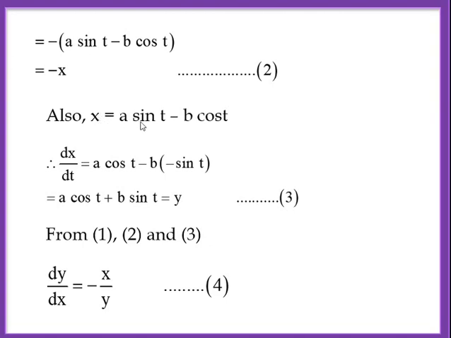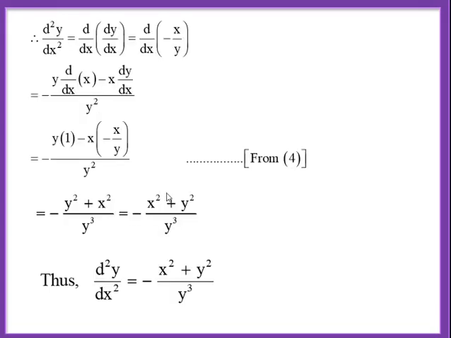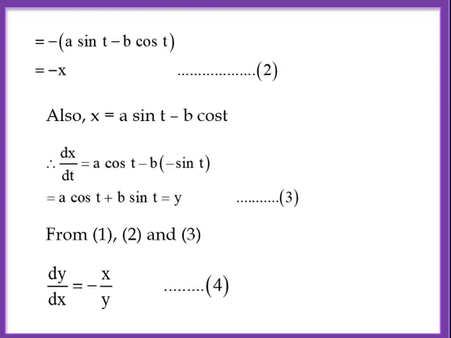Now what is x? A sin t minus b cos t. Differentiate. So a cos t minus b into derivative of cos, which is minus sin. So I get a cos t plus b sin t, but this is y given. So from 1, 2 and 3 we get dy dx as what? Minus x upon y. Now we want second order derivative.